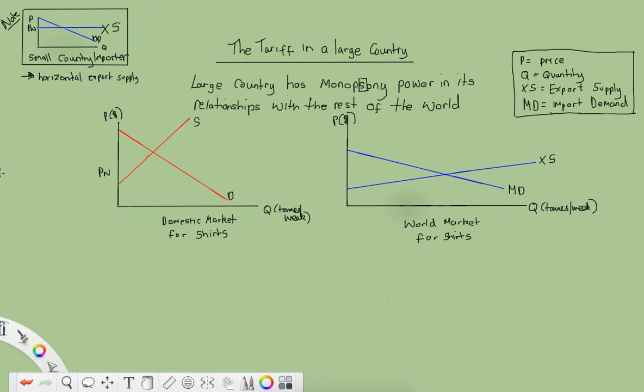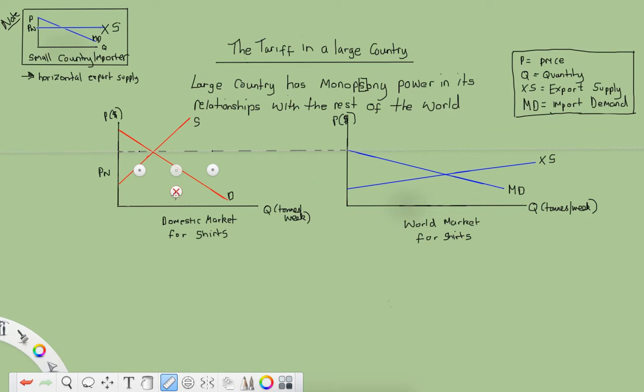Let's see what's different about a large country. So the small country is going to be an importer, so they supply the import demand curve in this diagram, but the export supply curve comes from another country that we've not been particularly specific about, but they have an export supply curve that slopes upwards.